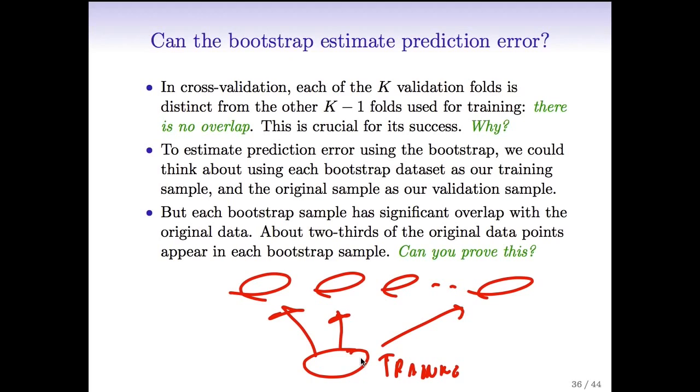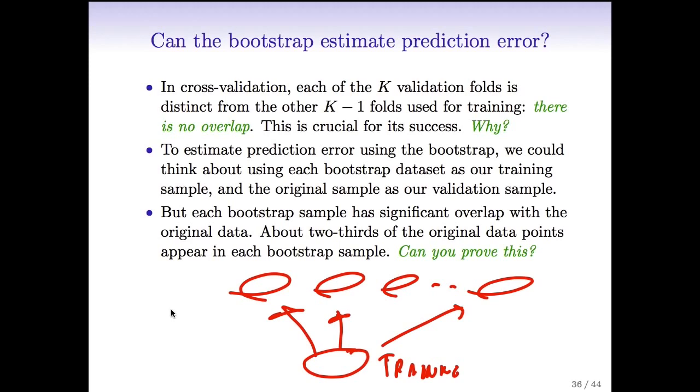Well, there's a big problem with that. The problem is there's an overlap between the bootstrap data sets and the original data set. In particular, about 2/3 of the original data points appear in each bootstrap sample. And you should think about how to prove this. It's not hard, but you'll find out that about 2/3 of the training set points are in the bootstrap sample.